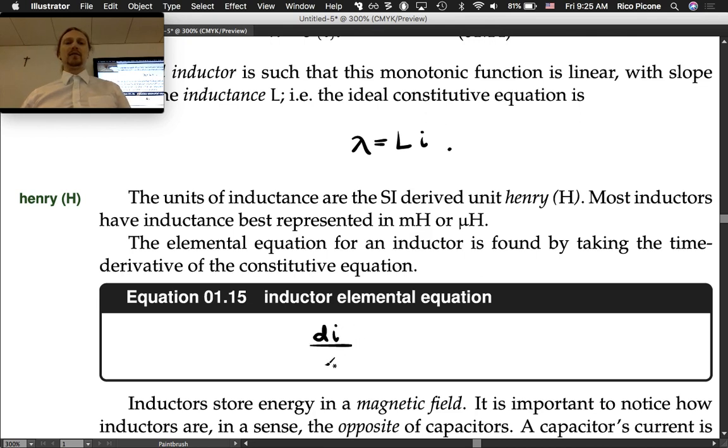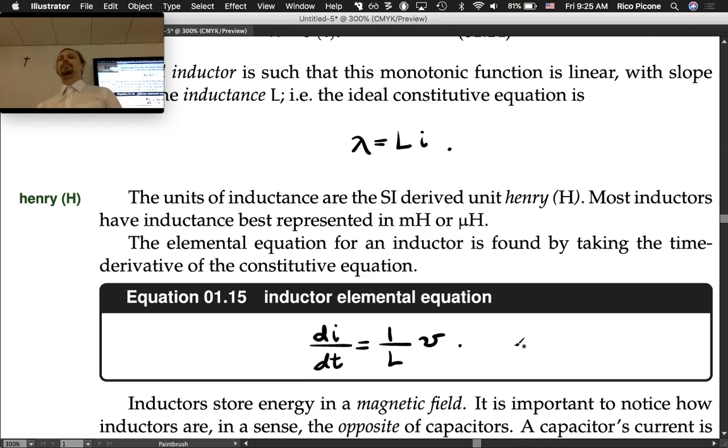So di/dt is equal to 1 over L times d lambda/dt. We said that the flux linkage is the integral of the voltage. So if you take the derivative, you're going to get the voltage back, right? So the time rate of change of the current through an inductor is proportional to the voltage across the inductor.